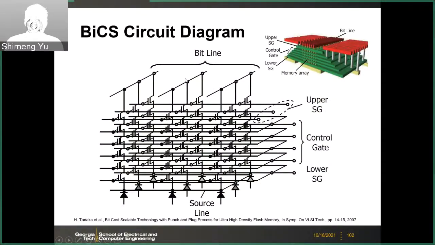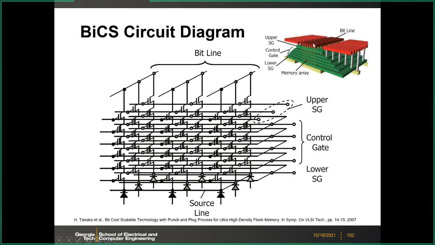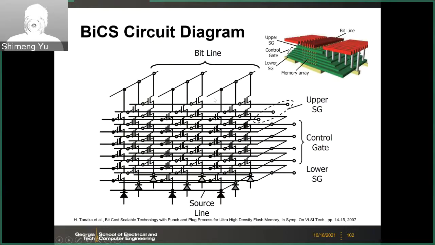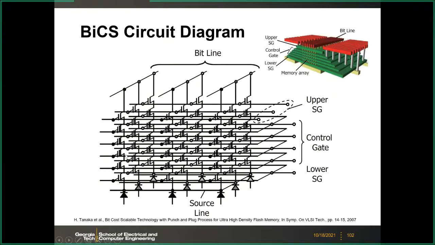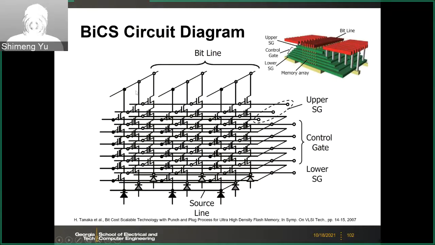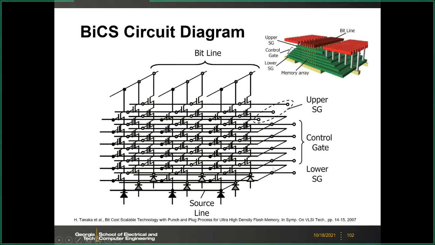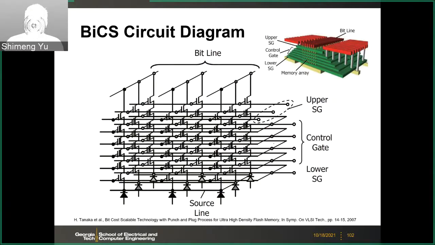What is more important for you is this circuit schematic. You need to understand this. From the circuit point of view, this is a netlist for the 3D NAND flash. You will have many strings vertically standing up, and each string is one pin here. The strings are collected by the bit line. And then the word line will be multiple layers.